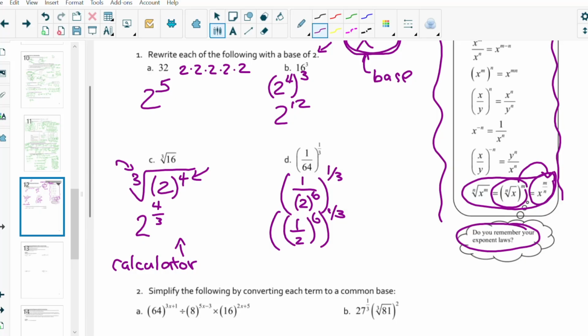So 1 over 2 is like saying 2 to the negative 1. Remember our negative exponent rule? And then all these nested exponents. Okay, I have 2 to the negative 6 to the 1/3. And negative 6 times 1/3 is 2 to the negative 2.